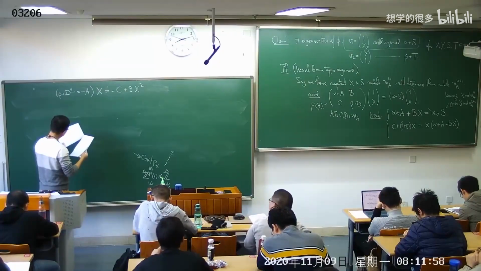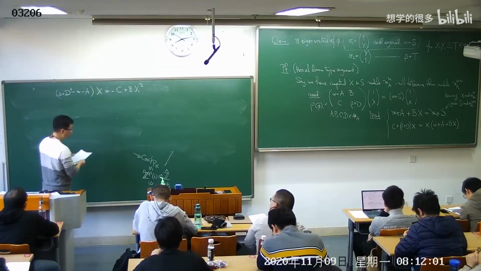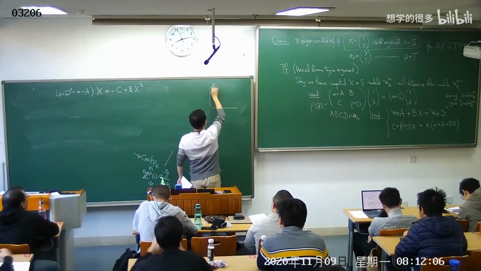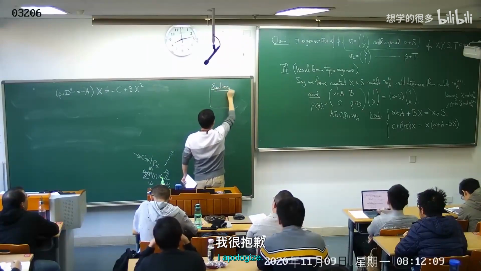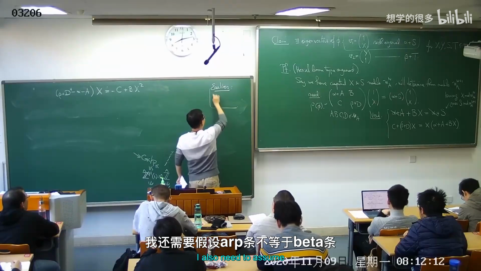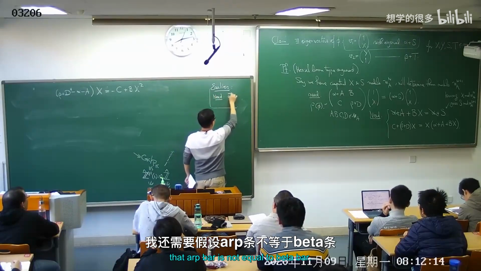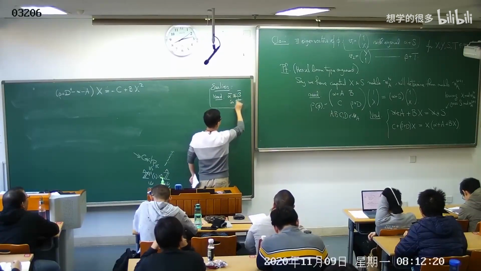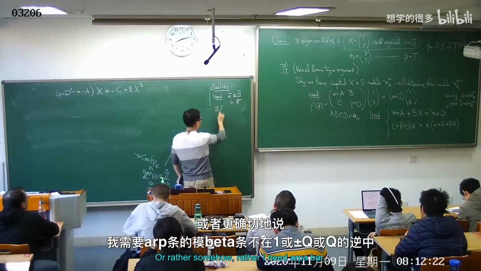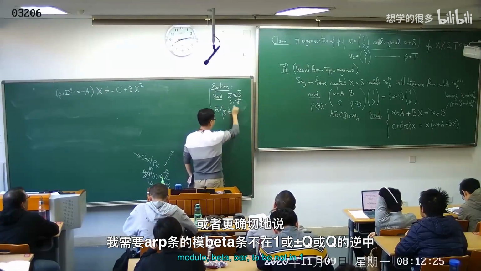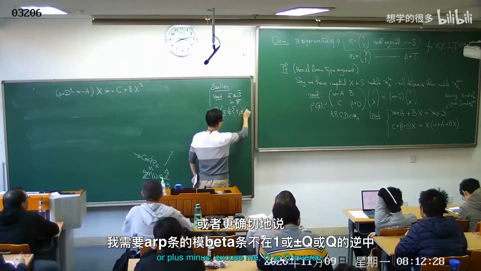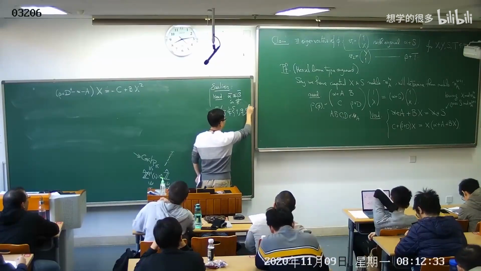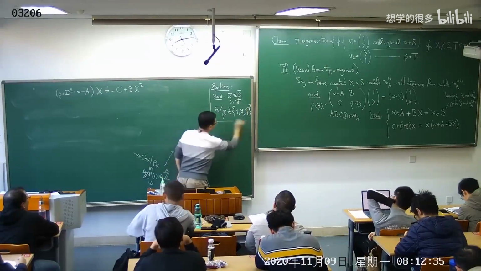Oh, I apologize. Looks like I need another assumption, sorry, earlier. I also need to assume that alpha bar is not equal to beta bar, or rather I need alpha bar over beta bar to not be in plus or minus 1, q or q inverse. Sorry, I missed the condition here.